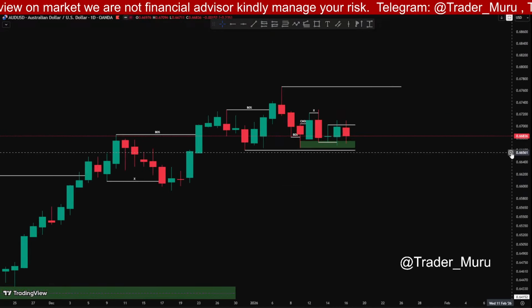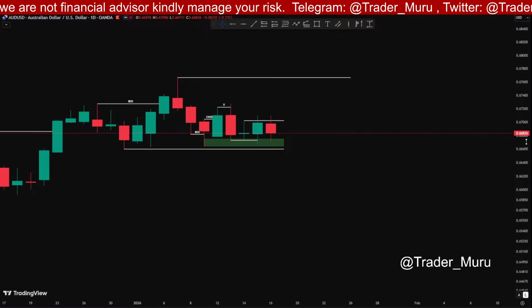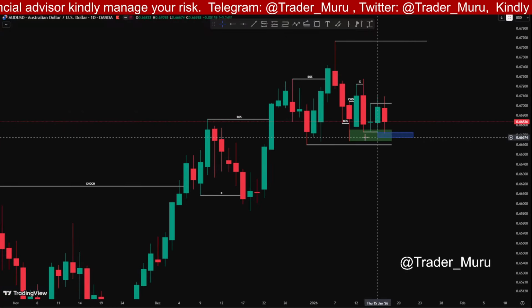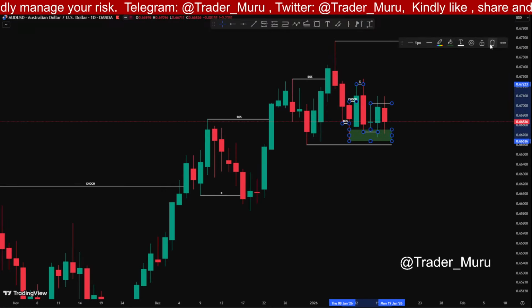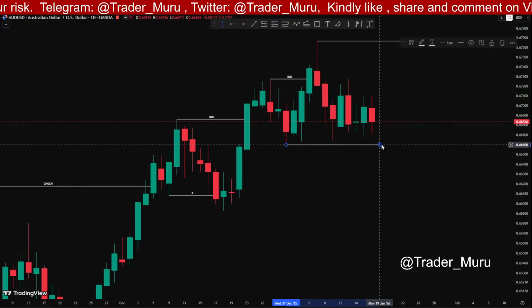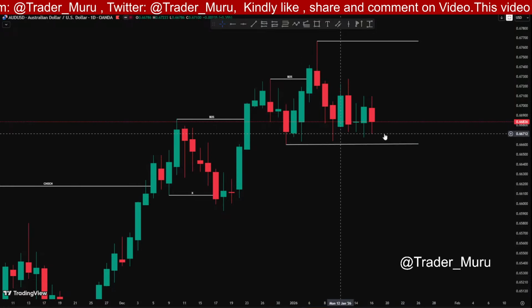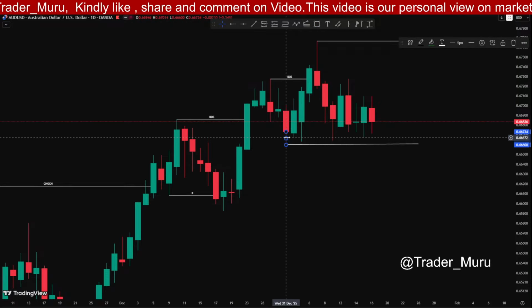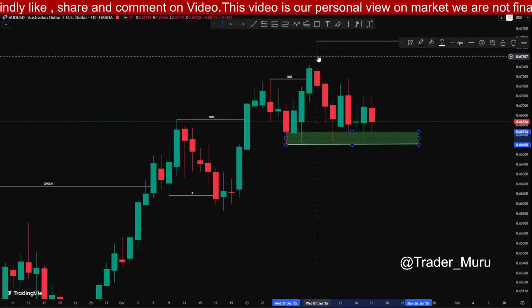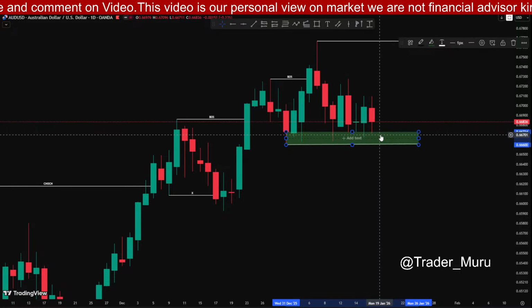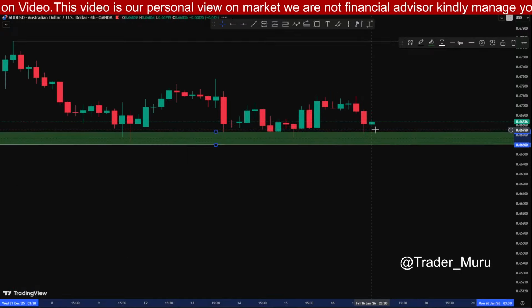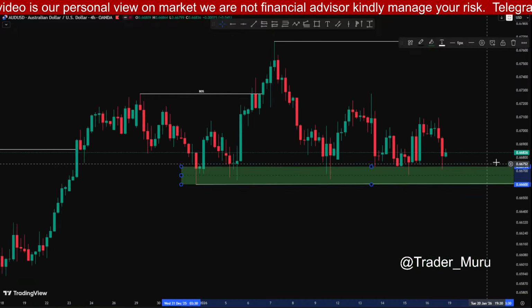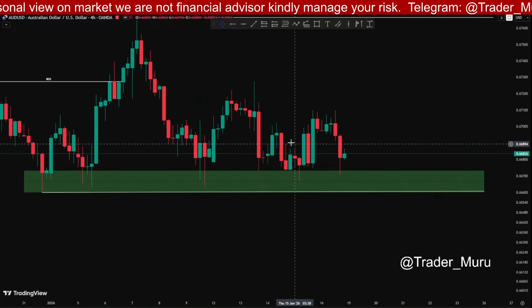AUD is still trying to hold this level. If this low gets break, watch for short. Before that, there is no short, and AUD is trying to hold this level here. Daily time frame breakout structure, price is retracing. This is our structural level, and 4-hour time frame change of character will be our new buying interest.